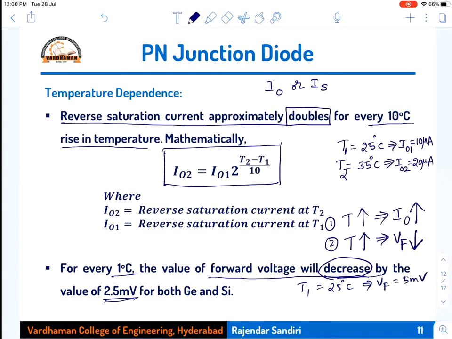At T2 of 26 degrees centigrade, a 1 degree increase, what happens to the forward voltage VF? For every 1 degree centigrade increase, forward voltage decreases by 2.5 millivolts, so 5 millivolts minus 2.5 millivolts will be 2.5 millivolts. Or suppose this may be 1 volt, then 1 volt minus 2.5 millivolts, you have to do it. So for every 1 degree centigrade rise in temperature, forward voltage decreases by 2.5 millivolts. That is a very important thing.